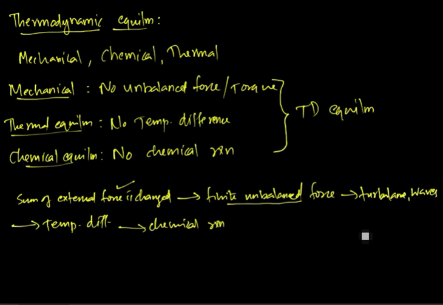Then the system will be in thermodynamic equilibrium, and due to this unbalanced force, there will be only a very little infinitesimal temperature change, or the system may change from one state to another. Then that process is called quasi-static.